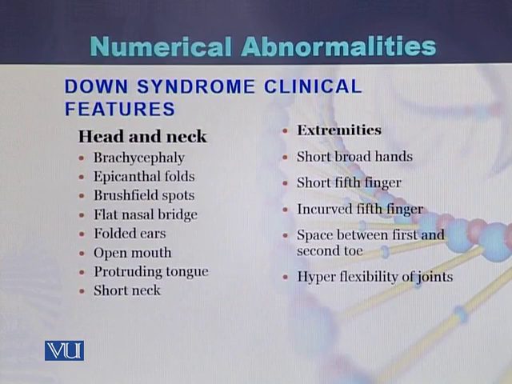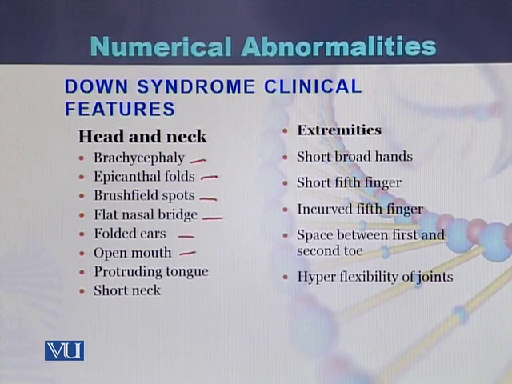The detail of all the clinical features in case of head and neck, as well as in case of extremities. In case of head and neck, we can see brachycephaly, epicanthal folds, Brushfield spots, flat nasal bridge, folded ear, open mouth.